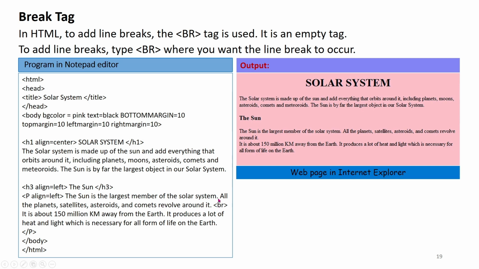After this, I have given BR tag. So it will give a break in this paragraph from here. And any text written after around it will come to the next line. It will move to the next line. Then after completing my paragraph, I will end it with slash P, then slash body and slash HTML. And you can see the output towards the right.